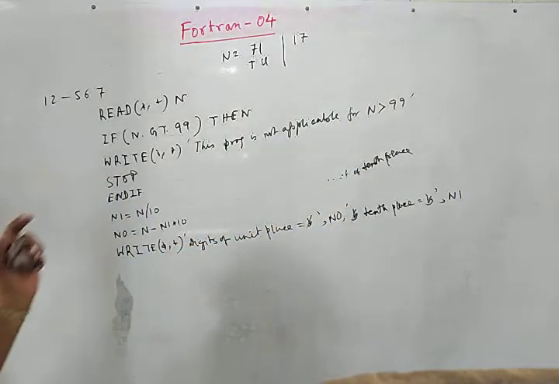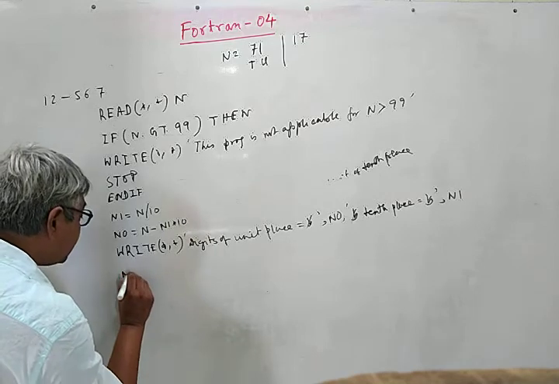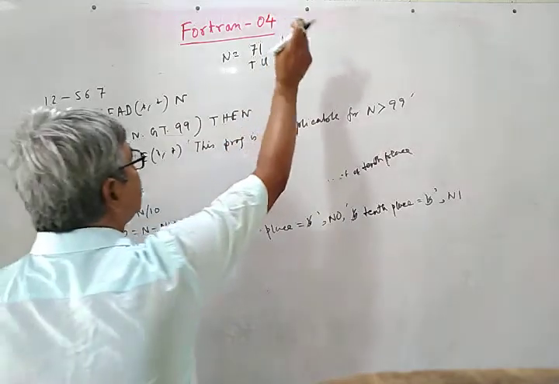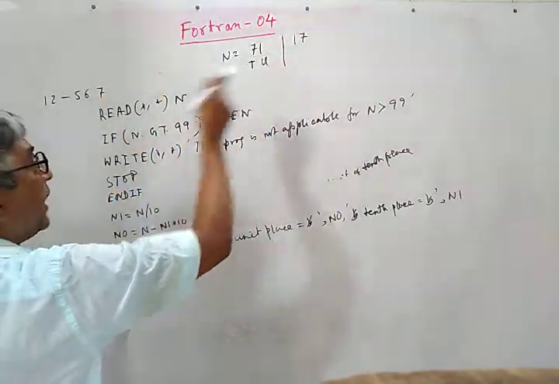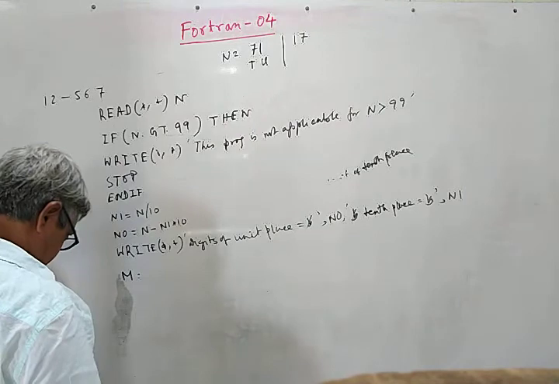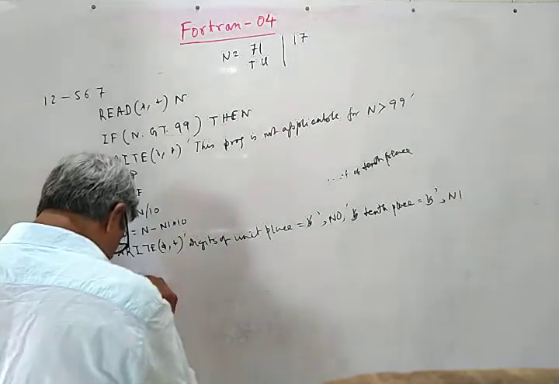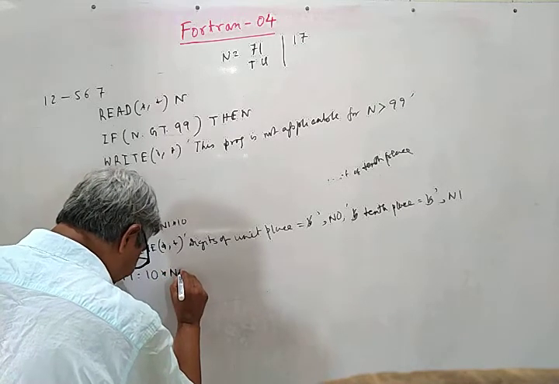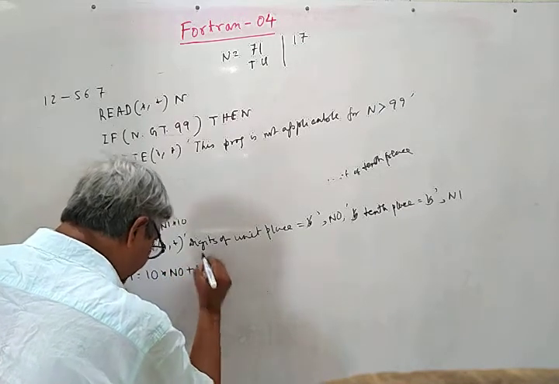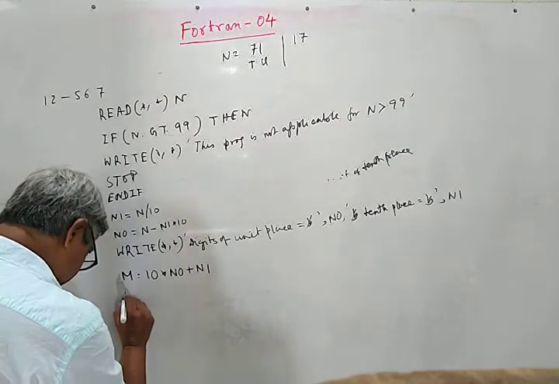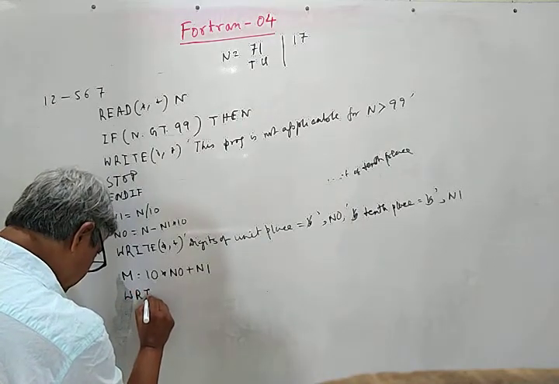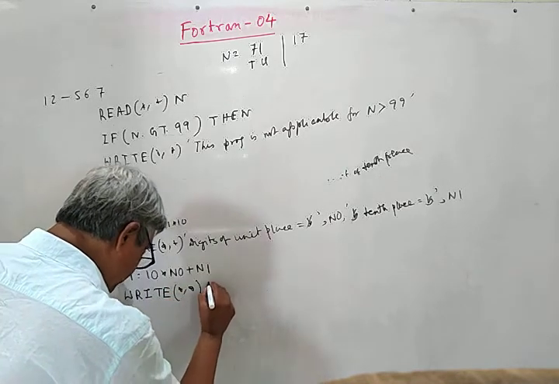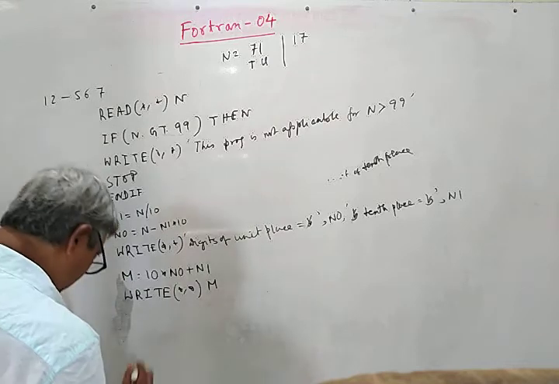If you want to construct the number m, which is obtained by interchanging the digits of units and tenth place, that is, if we want to get 17 from 71, then what we do is 10 times n0 plus n1, then write m. I am not going for any augmentation.